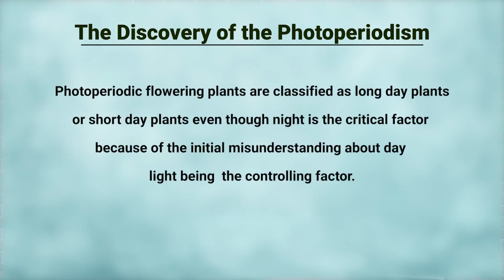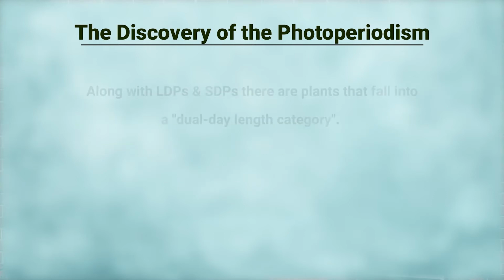Photoperiodic flowering plants are classified as long day plants or short day plants even though night is the critical factor, because of the initial misunderstanding about daylight being the controlling factor.